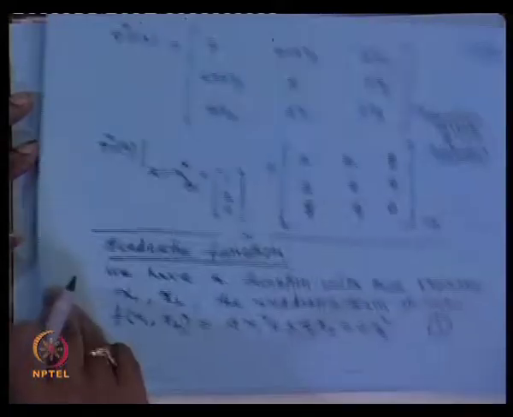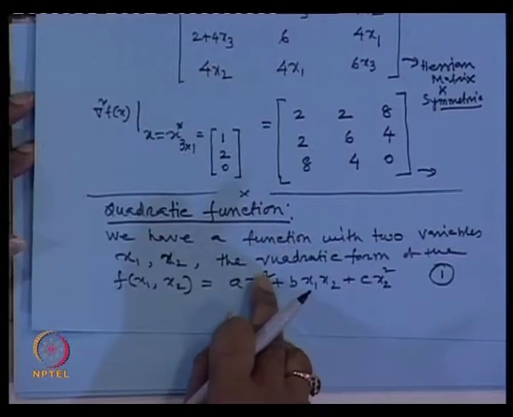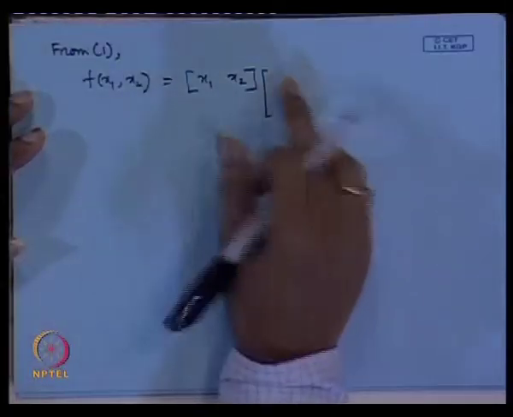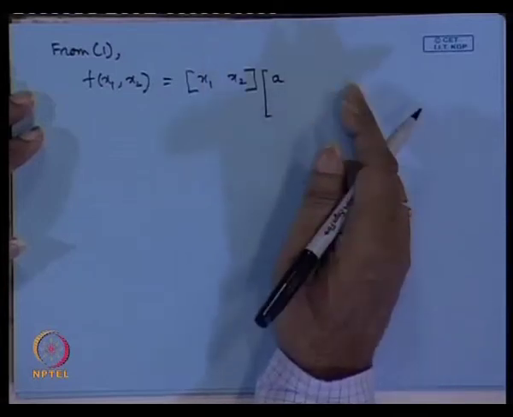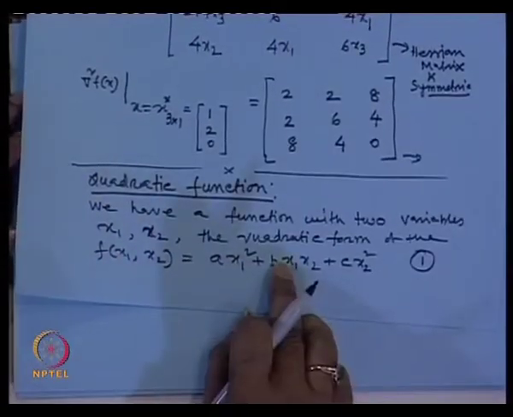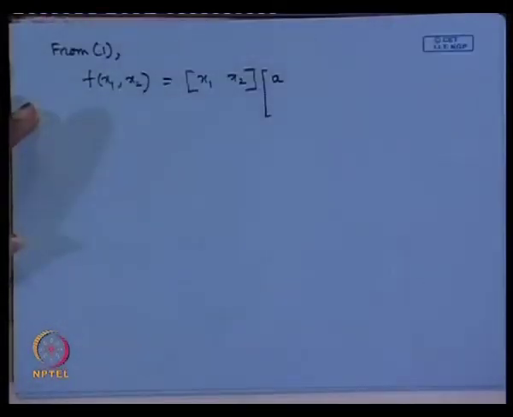You see this, the coefficient of x1 square is a, that we will write in the 1 1 position of the matrix we are going to form. So, that is a. Then the 1 2 position coefficient is b, that we can write here.